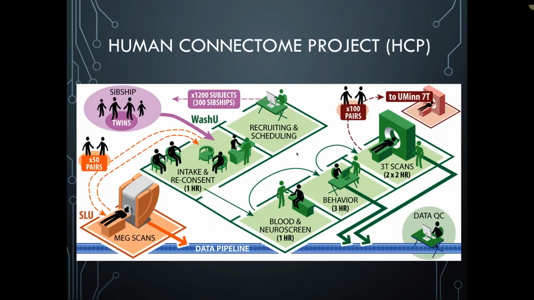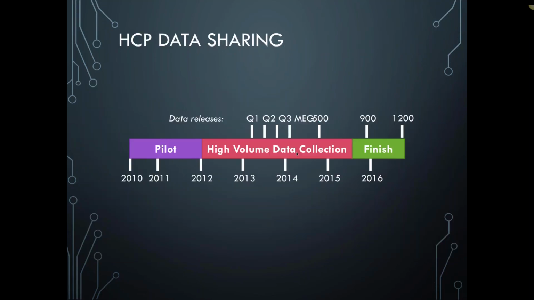So we've implemented this kind of data sharing for the Human Connectome Project, and have shared data for quite a while now, starting as early as 2012. We've been sharing data sets out of the Human Connectome Project, including very large amounts of high resolution functional and structural imaging.